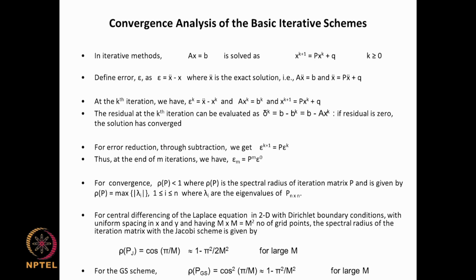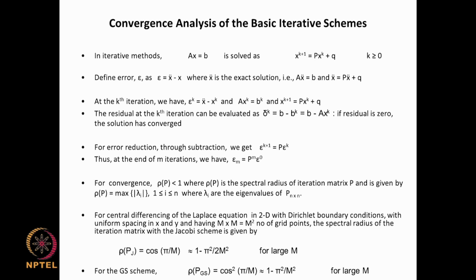So this multiplication factor or amplification factor is how the error is changing. It is not constant, but it is an indication of whether the scheme is convergent and how fast it is converging. Obviously, if p is less than 1 and it is a scalar, then you have a convergent scheme, because if p is 0.9, next time it is only 0.9 of the current value, next time it is 0.9 times 0.9, 0.81.